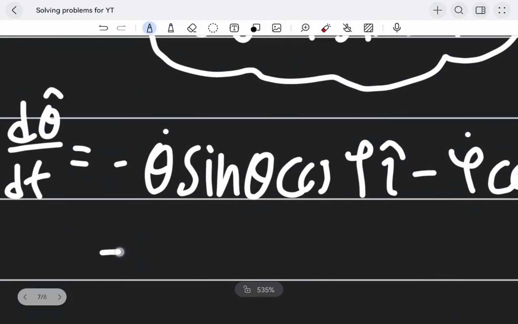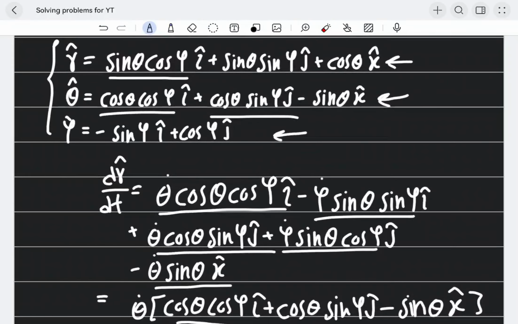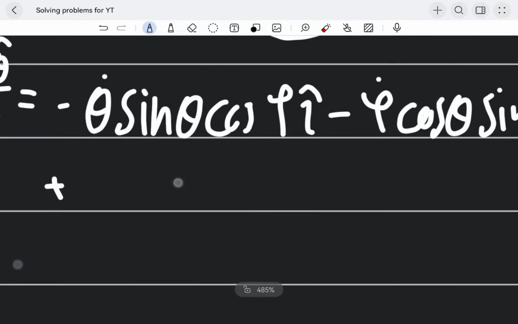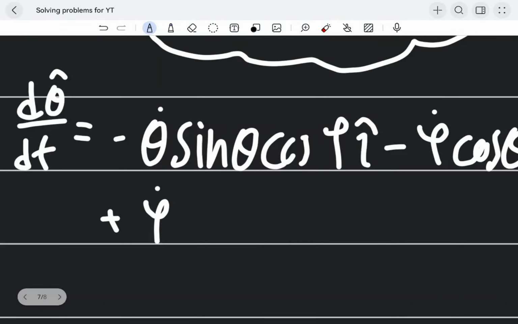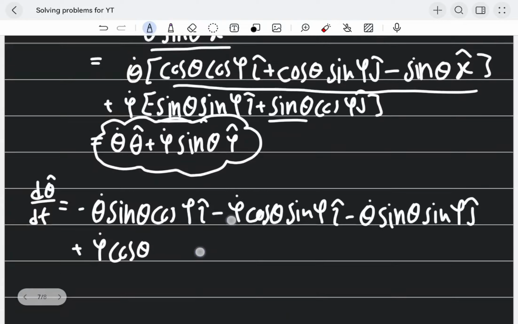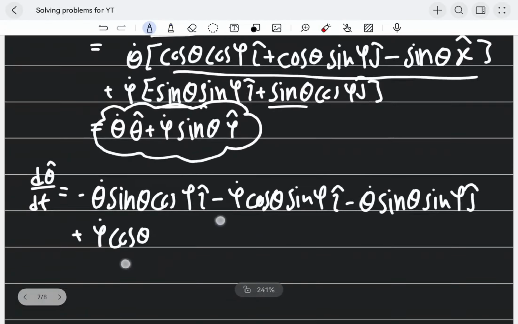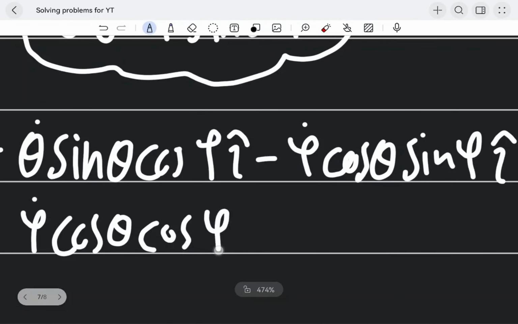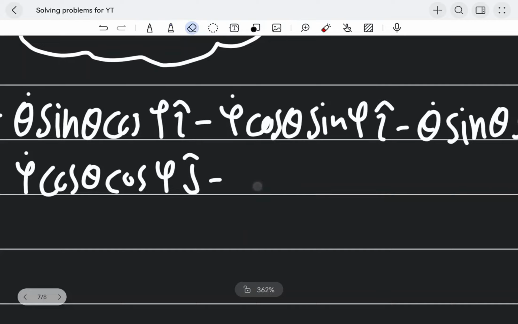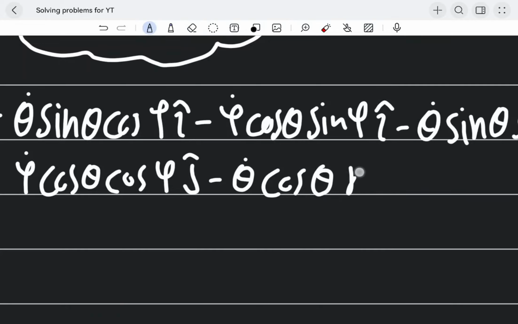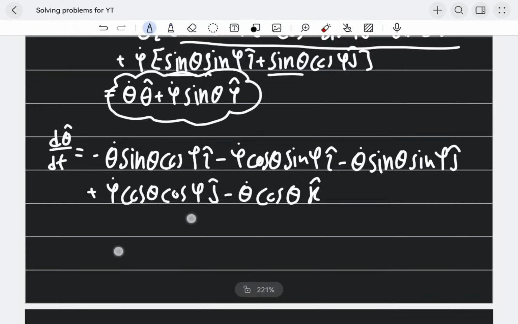Then plus phi dot cosine theta cosine phi j hat minus theta dot cosine theta k hat.